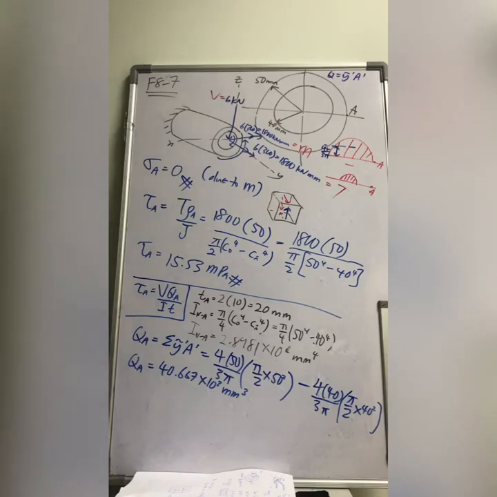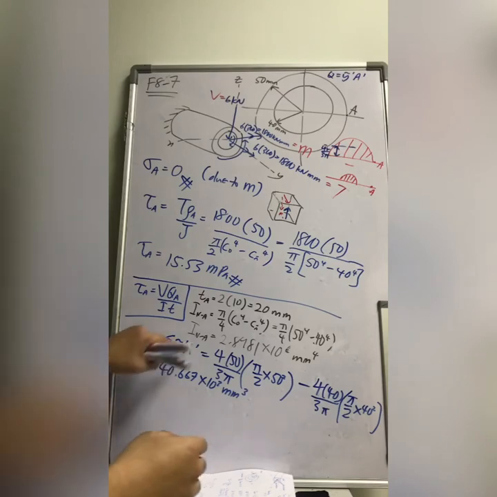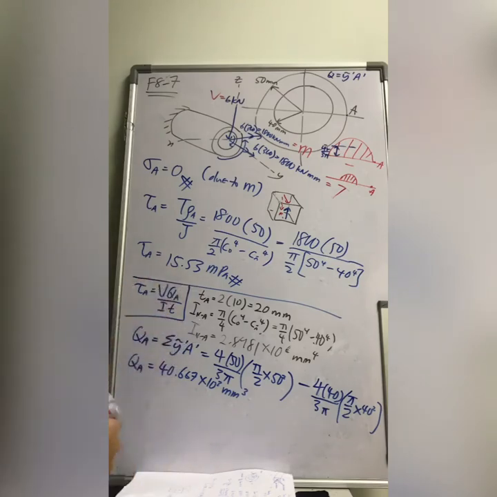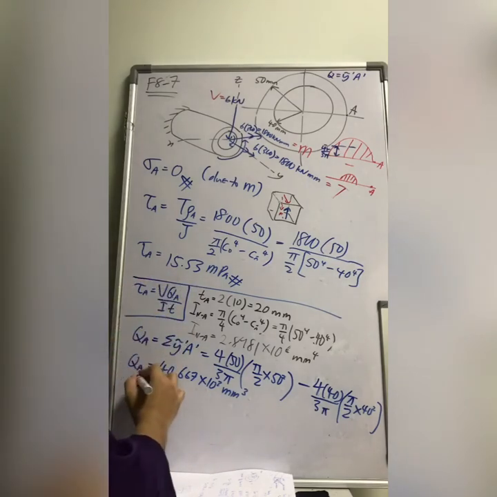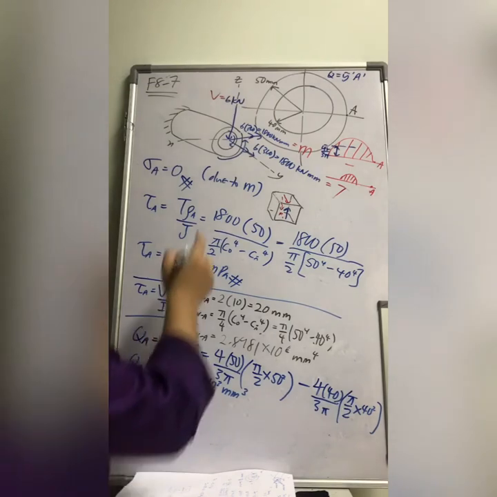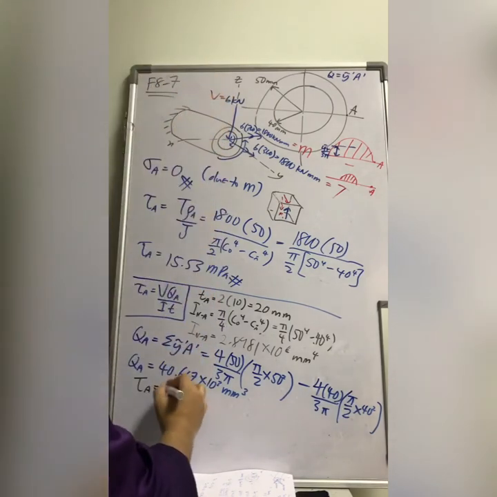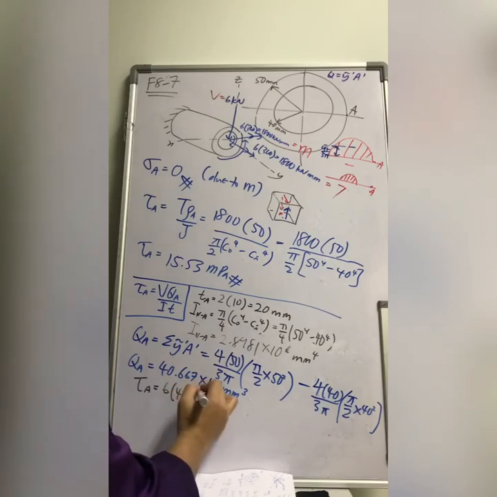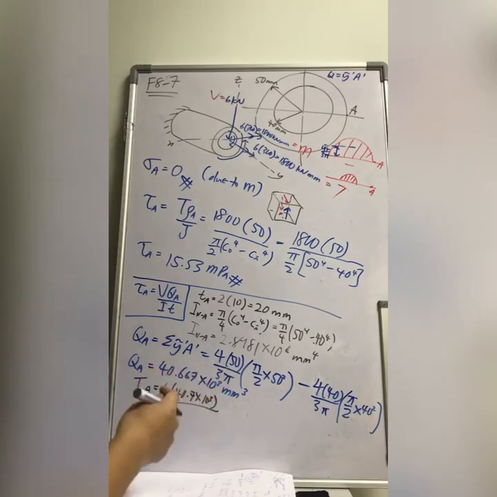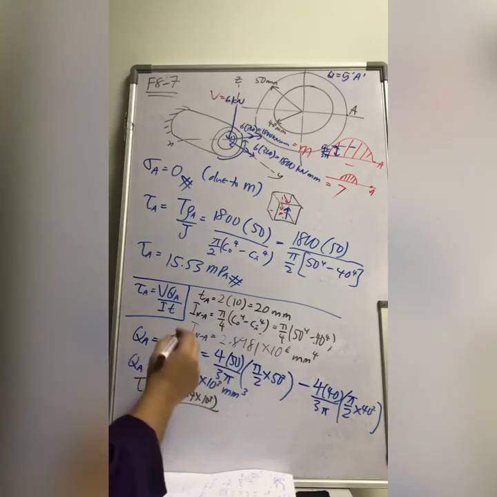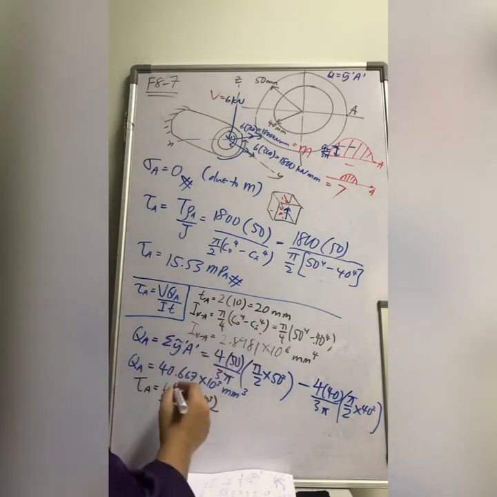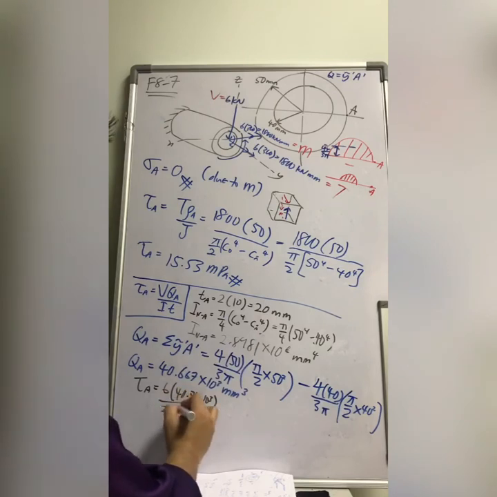Okay, next we put this QA, I, and t into the equation. So you put into tau A equals V Q over I t. V is how much? 6 kilonewton. Q is 40.7 times 10 to the 3. We put more decimals. I is this 2.9 times 10 to the power 6.